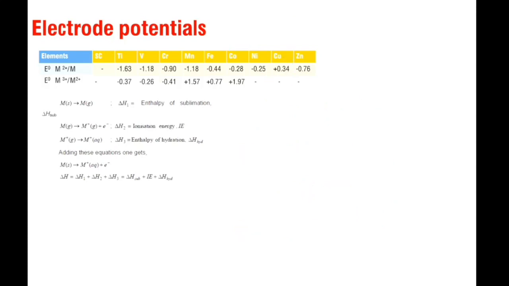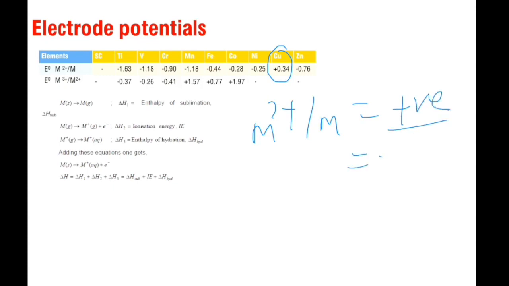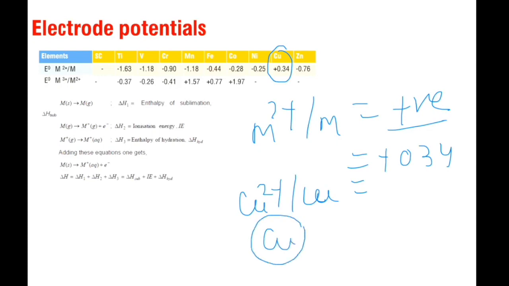If we compare these values, look at here. Only in case of copper, M2 plus to M possesses positive value, 0.34 volt of copper 2 plus to copper. So copper 2 plus possesses positive reduction potential.